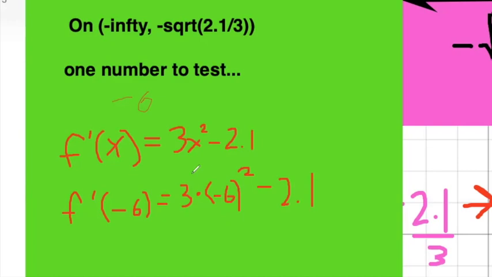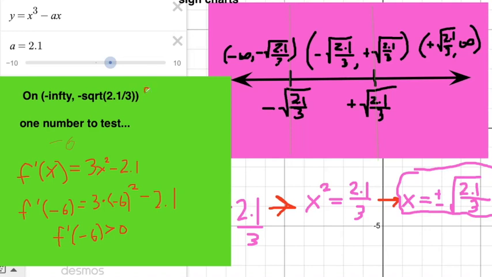That's the result of this calculation. If I think about negative 6 squared, that becomes a pretty large positive number. If I multiply it by 3, it becomes even bigger. Subtracting off 2.1 doesn't do much to change that. So would you believe me without calculation, just by reasoning, that f prime of negative 6 is greater than 0? So what that tells me is that on this interval, f prime of x is positive. So f of x is increasing.